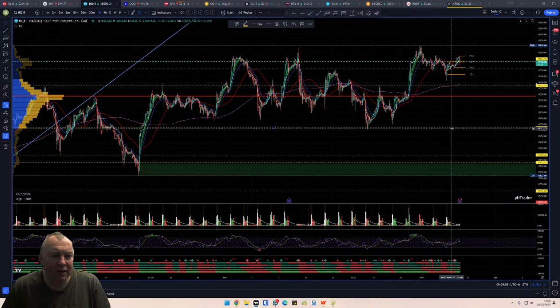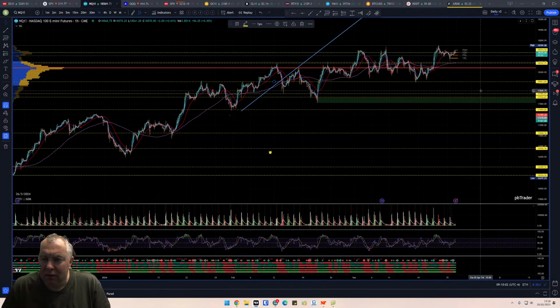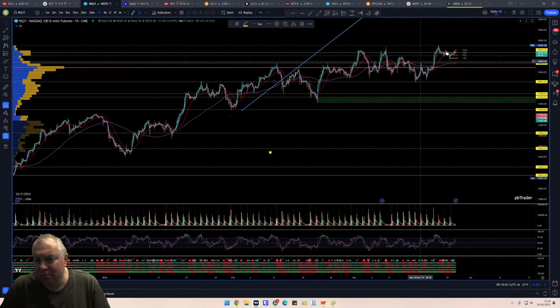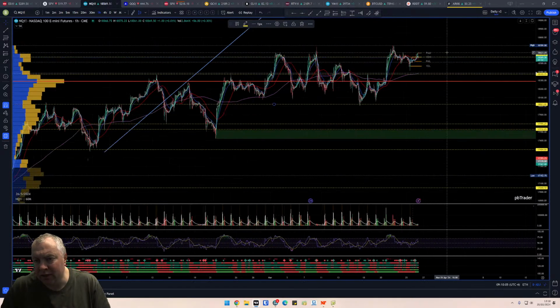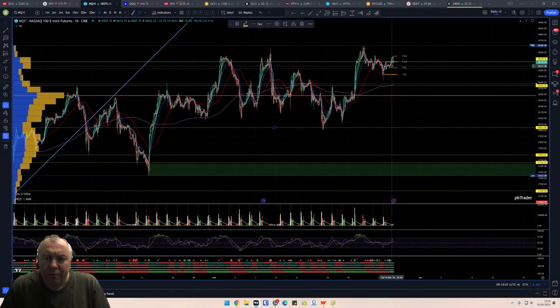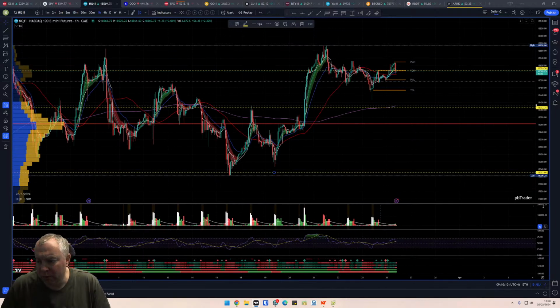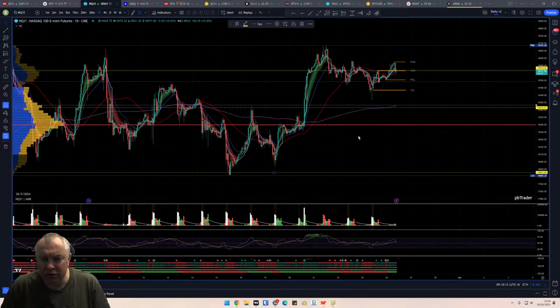So NASDAQ, looking a little bit stronger than ES. It made a new all-time high a few days ago. Potentially we're looking at this inverse head and shoulders, left shoulder, head, right shoulder, and this is the neckline area. So it's broken it, and we're retesting the neckline.